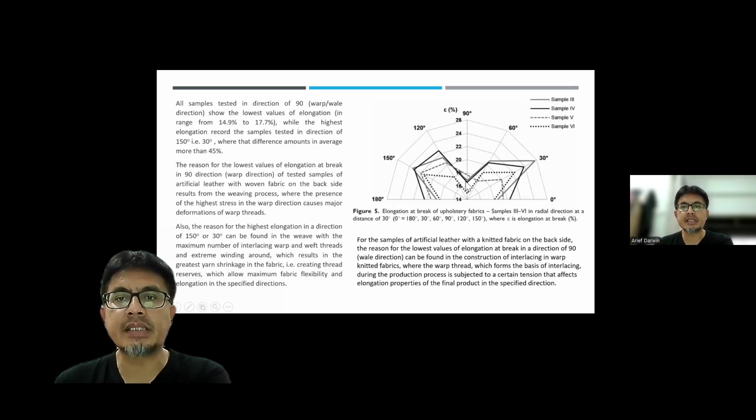So we can see the 90-degree is the lowest, while the highest is the 150-degree.